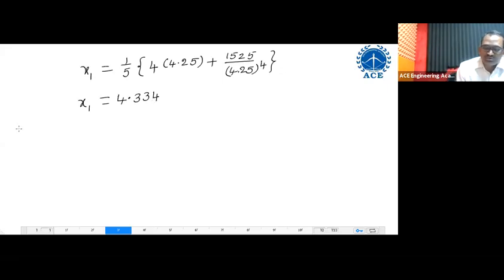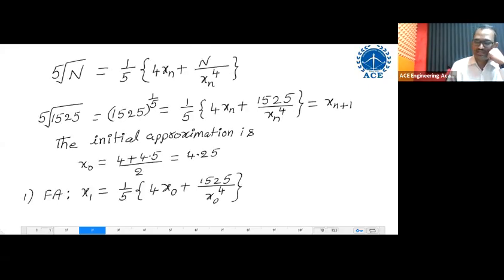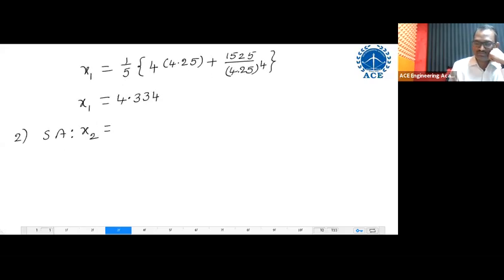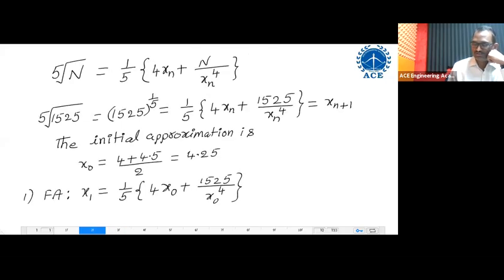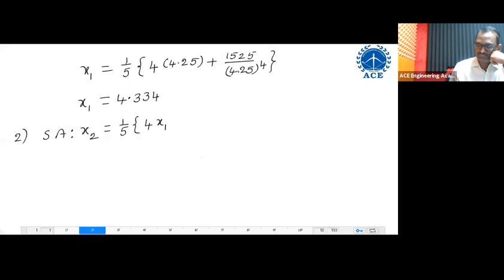If you have a doubt, you can find one more value also, just for the sake of clarity. To get x2, take n is equal to 1, 1 plus 1, 2. x2 is equal to 1 by 5 into 4x1 plus 1525 divided by x1 power 4.